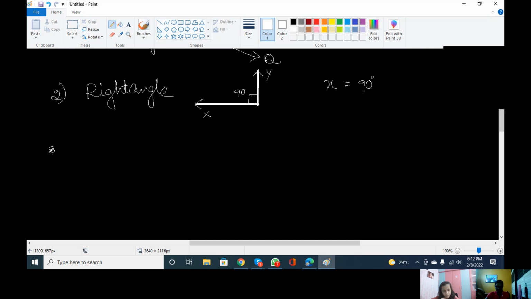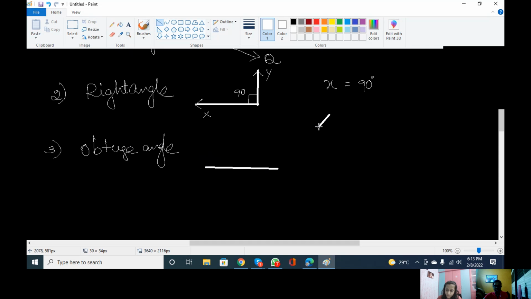Next, third one, obtuse angle. An angle whose measure is more than 90 degrees and less than 180 degrees. You may get it like this. 90 degrees means straight. Less means towards the left side of this line.